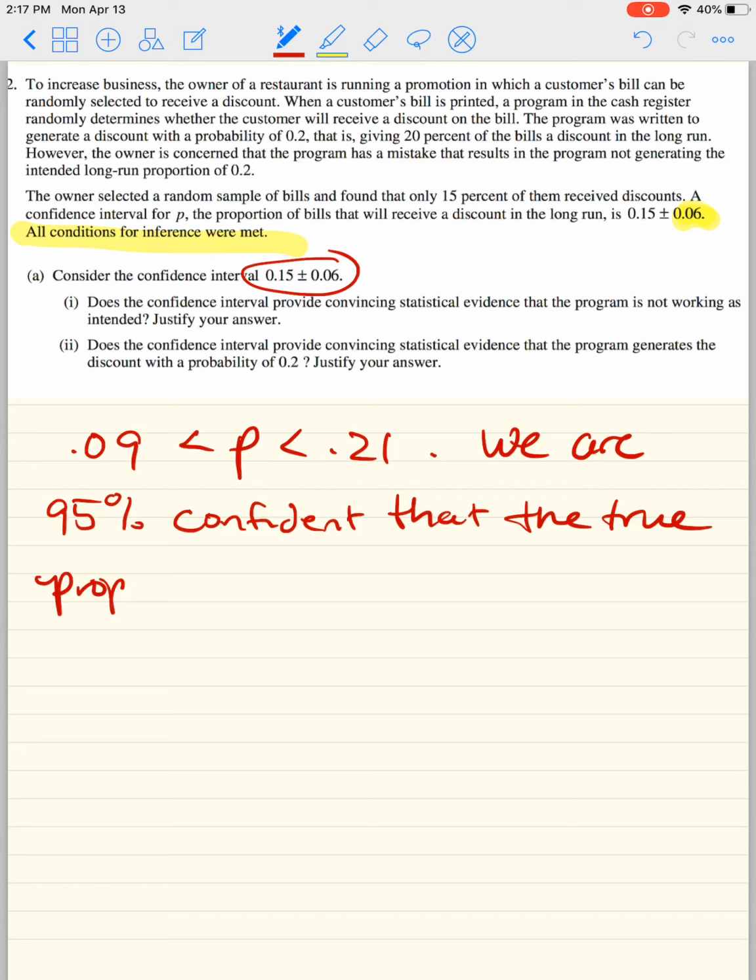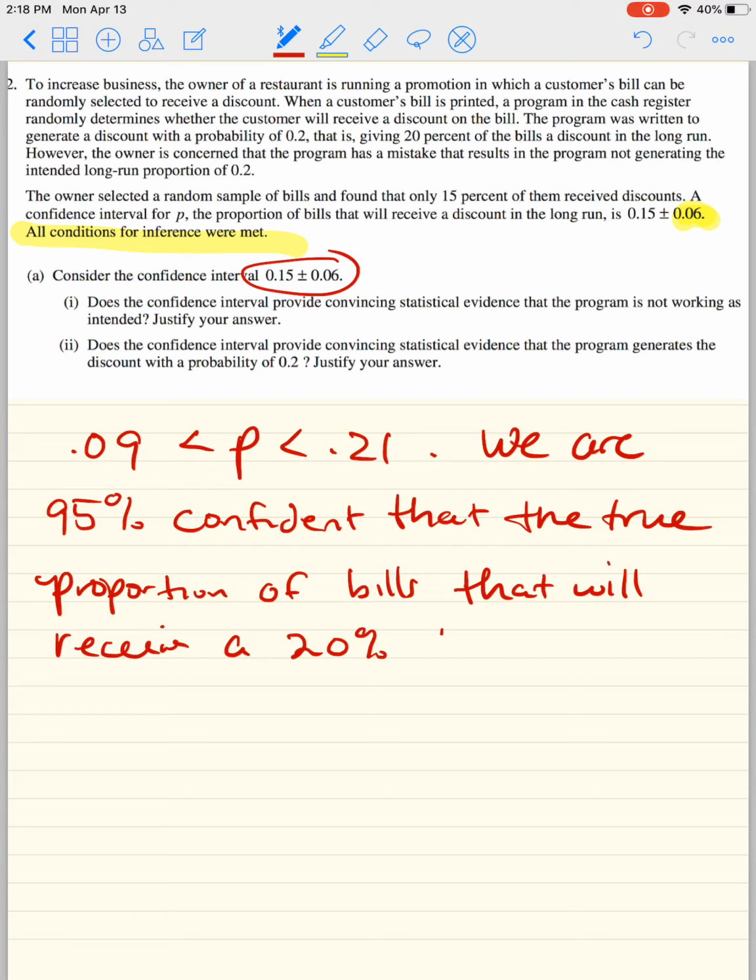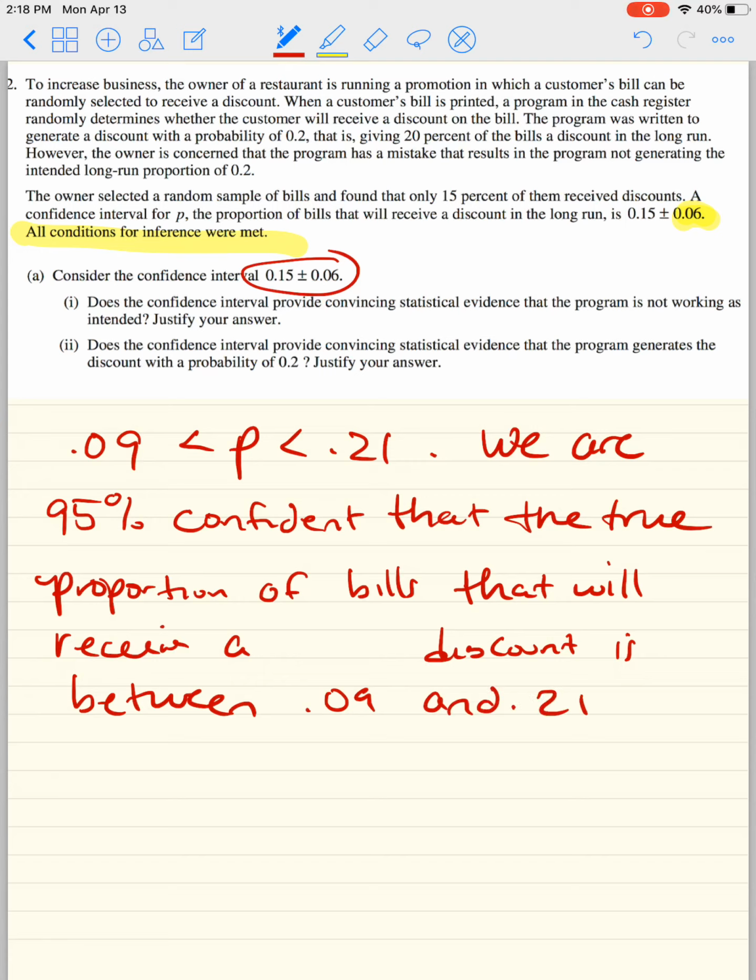proportion of, I guess, bills or people that will receive a discount is between 0.09 and 0.21.